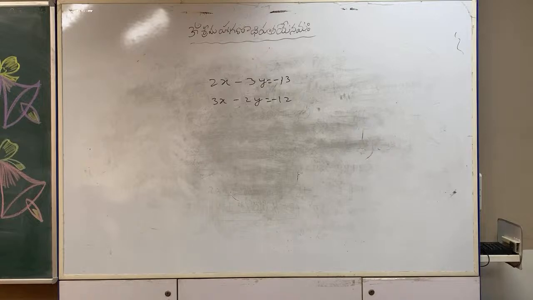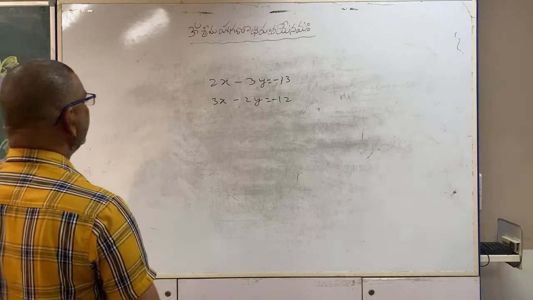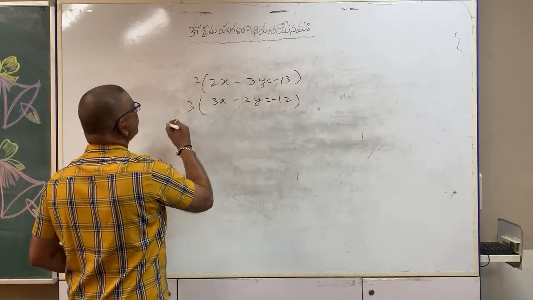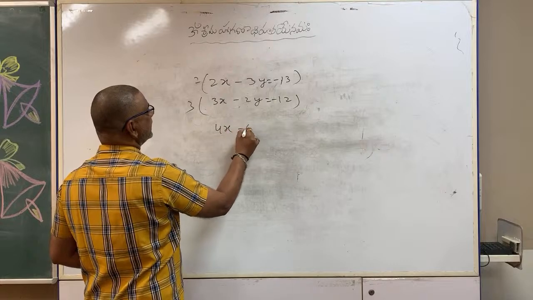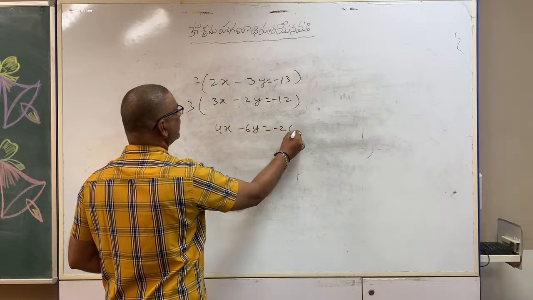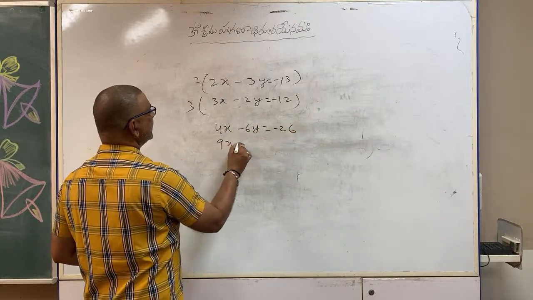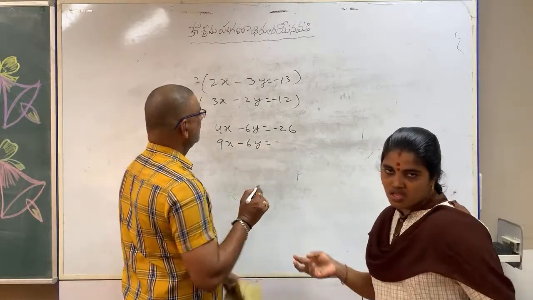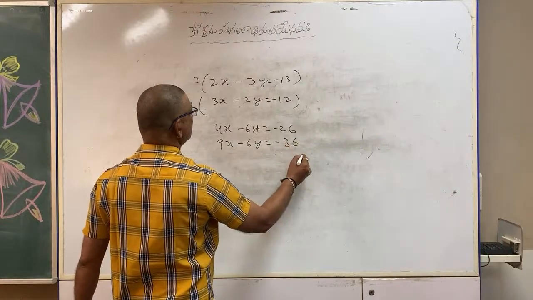You want to eliminate y. Then what is the LCM of negative 3 and negative 2? So multiply this one with 2, this one with 3. 4x minus 6y is equal to negative 26. 9x minus 6y is equal to negative 36.